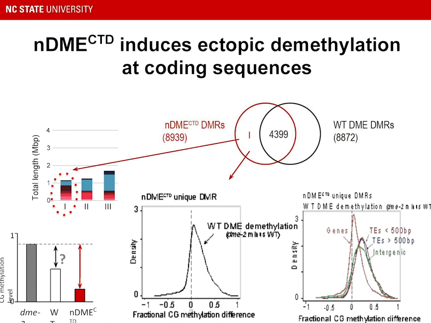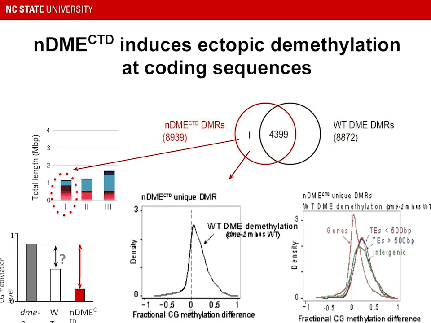Does it get demethylated at all by the endogenous protein? The peak is close to 0, but it has a broad shoulder. So some sites within here are also demethylated by the endogenous DEMETER.